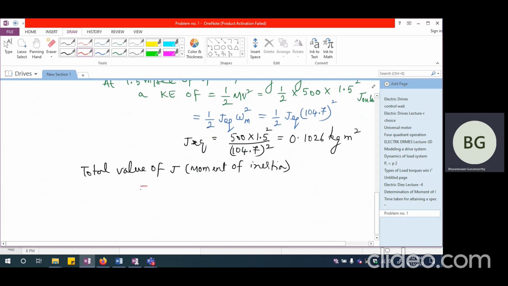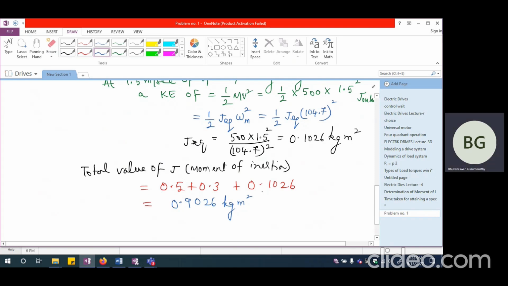So I have to add all of them, which is 0.5 plus 0.3 plus 0.1026. This is the total moment of inertia of the entire system when it is visualized from the motor shaft. So this comes out to be 0.9026 kg meter square.